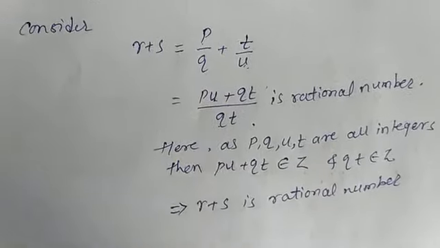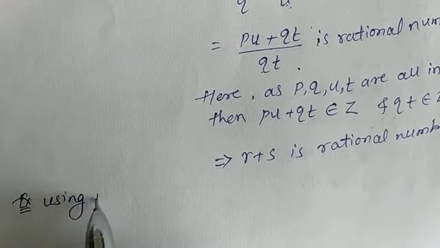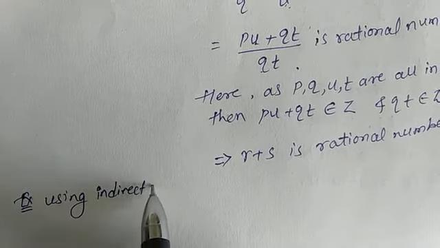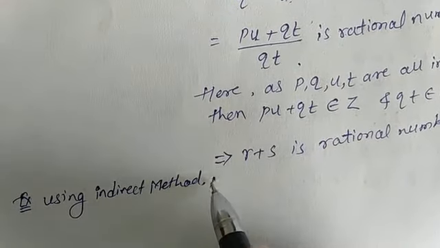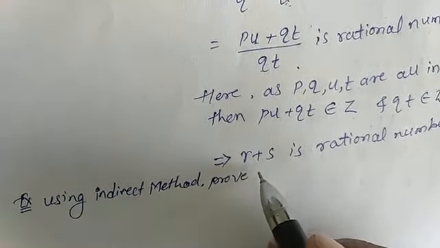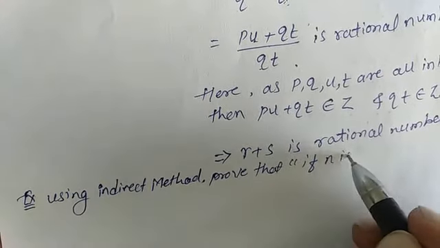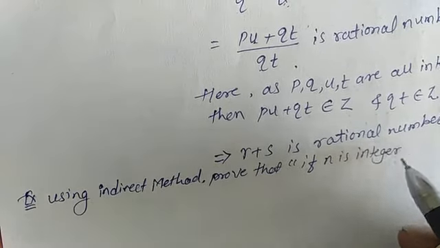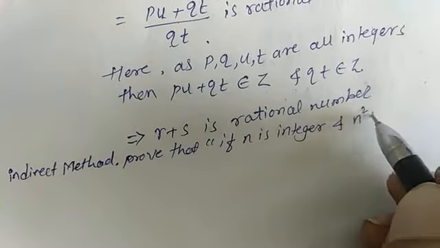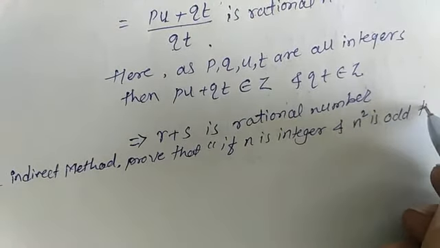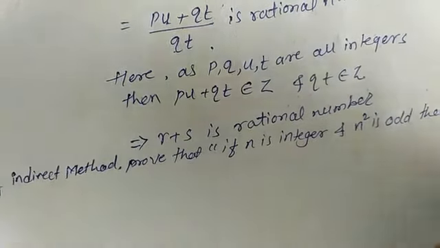The next example is using the indirect method. Using the indirect method, we have to prove that if n is an integer, it is given that n is an integer and n square is odd, then n is odd.